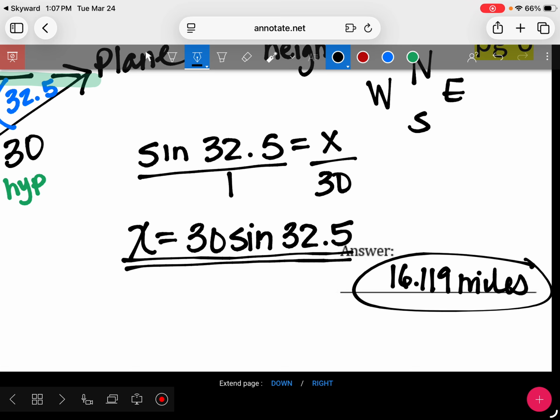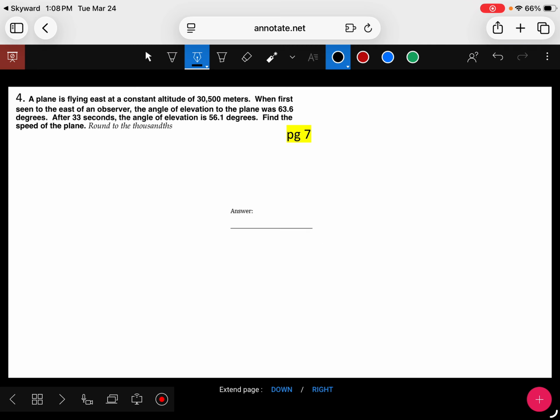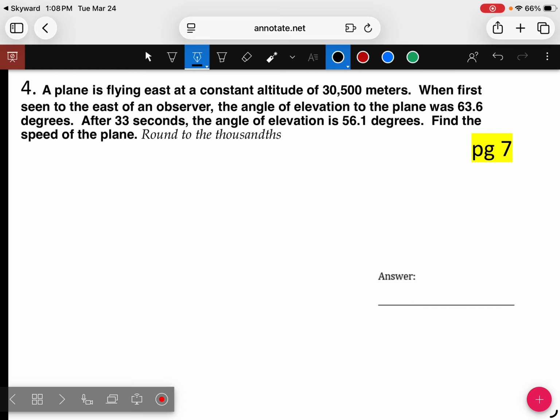All right, now let's go to number 4, which I gave you a lot of space for a reason, because we got a lot of steps to do. Now this one looks a lot like your test though. Okay, we gotta do a little bit of thinking, just a little bit. So we got a plane flying at a constant altitude of 30,500 meters. Somebody saw it, and the first time they saw it, this is important, the angle of elevation was 63.6.